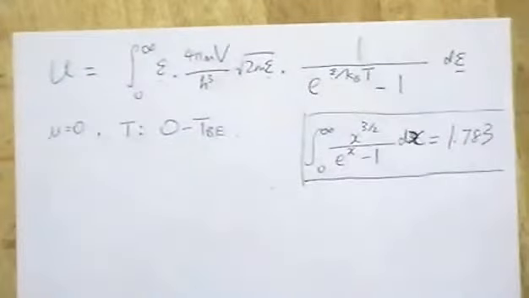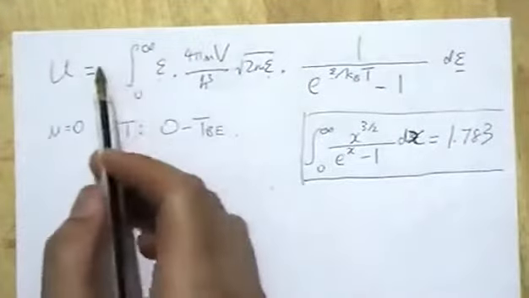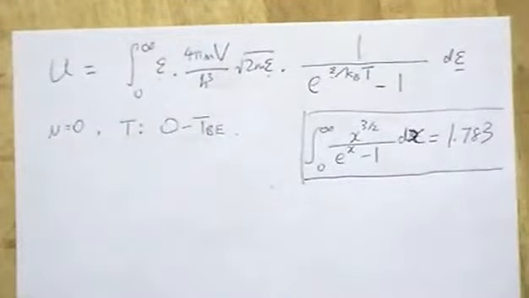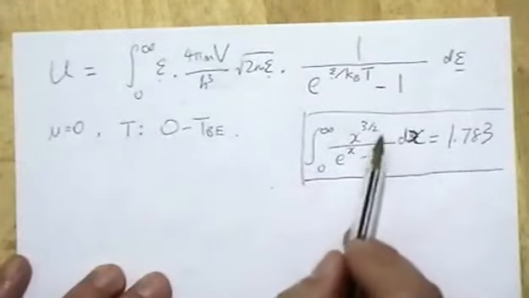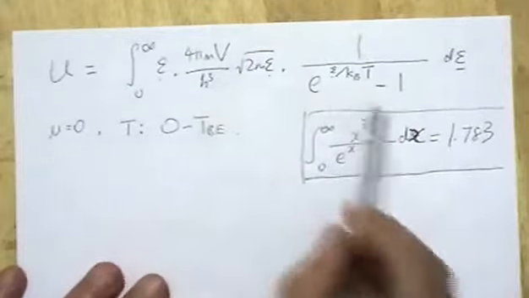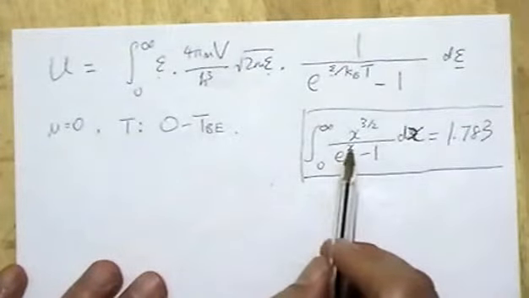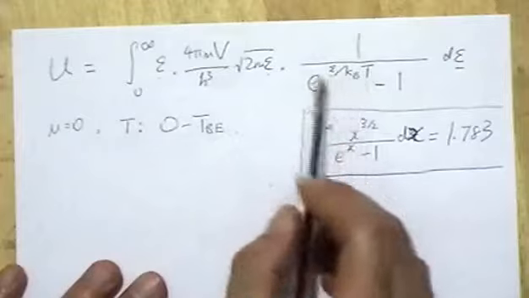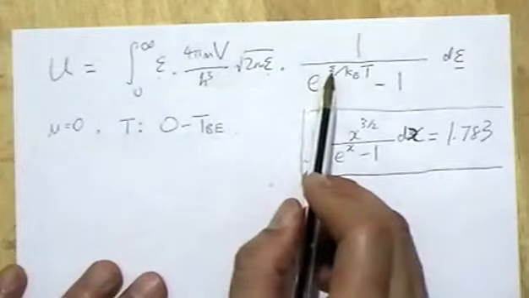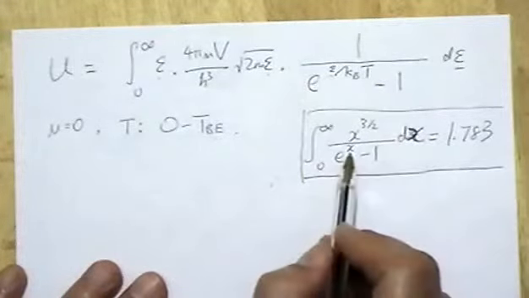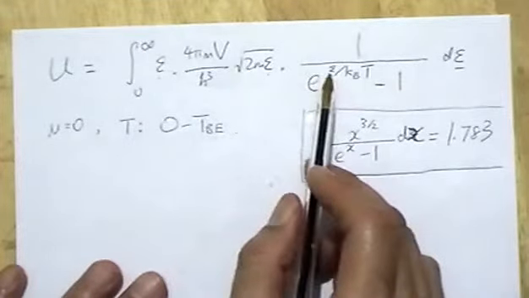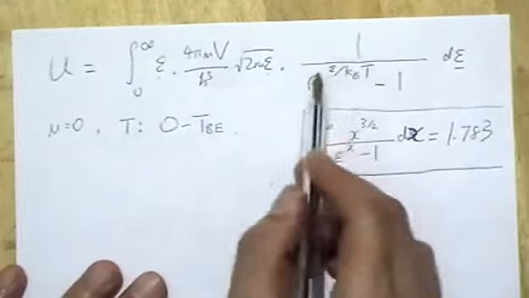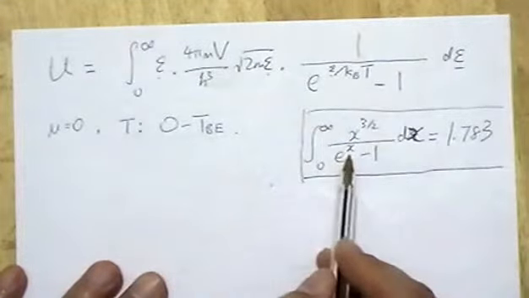Okay, coming back now to U. So let's quickly see why this can be used for this integration. We have e to the power of x here, and we have e to the power of this argument there that contains the E. So all we need is to make the change of variable by setting this argument to x.